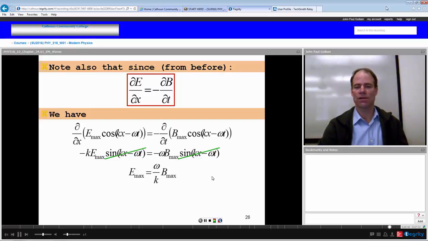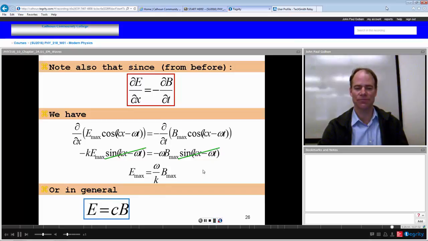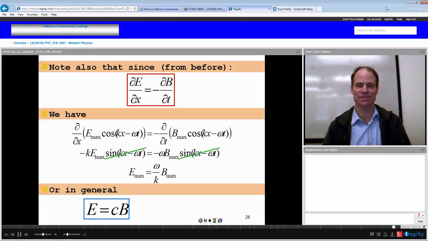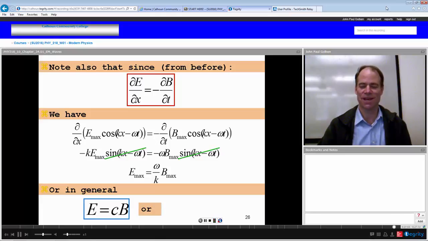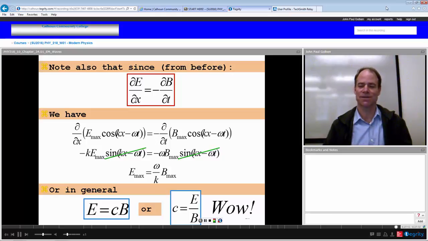And with a little bit of rearranging, we have E max equals omega divided by k times B max. But since angular frequency over angular wave number, omega over k, is c, we have that the E field is equal to the speed c times the B field. How beautiful is that? Or you could say that the speed of the wave is equal to the electric field amplitude over the magnetic field amplitude.